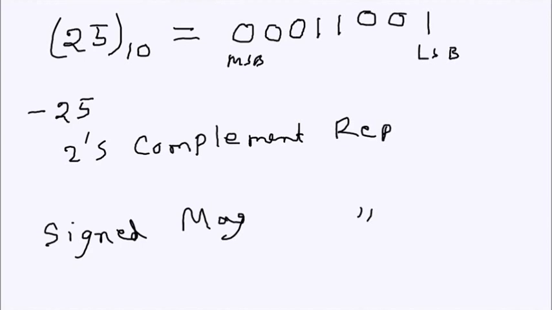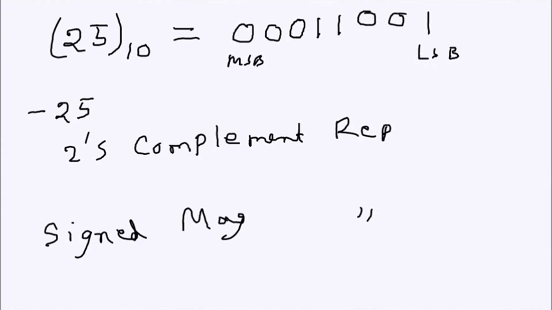To get negative 25 in 2's complement representation, we just find the 2's complement of the whole 8 bits. As I discussed in the previous video on how to find the 2's complement of any binary number, there is a quicker way. We start from the right-hand side going to the left, and until we get the first 1 we do not change anything.